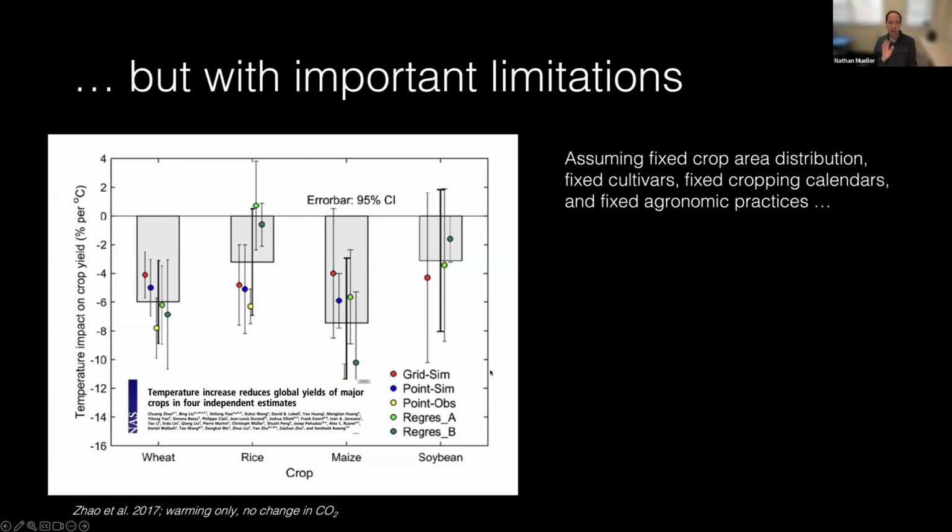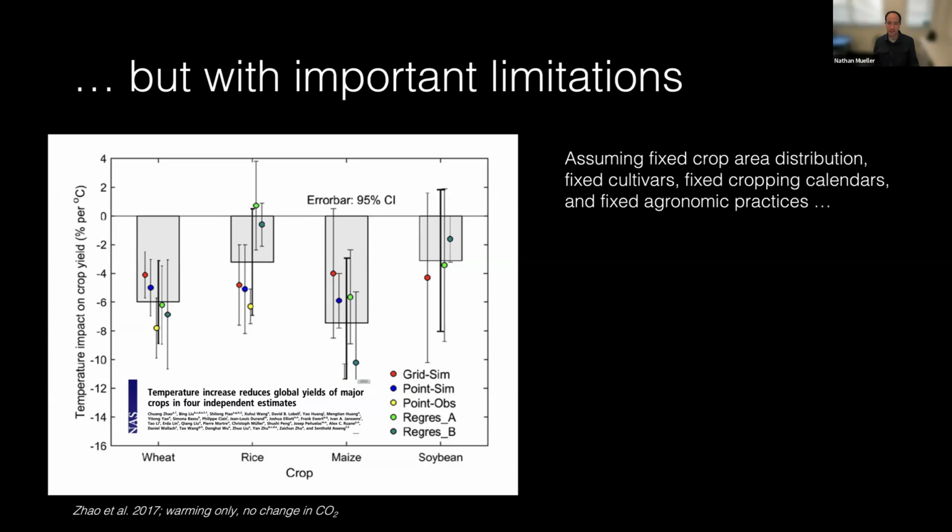But even with all of this progress and all of these different methodological approaches out there, a lot of these studies have some very important limitations. They do things like assuming that the crop area distribution stays the same in the future, that what specific cultivars farmers plant doesn't change, that when farmers plant and harvest won't change, and that the agronomic practices that farmers use also stay the same.